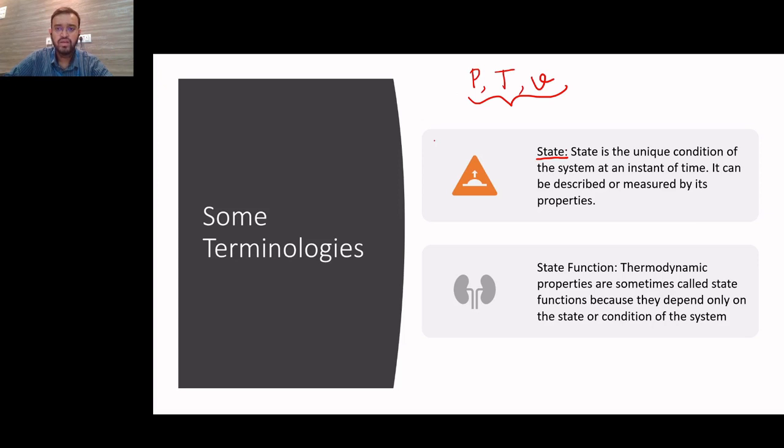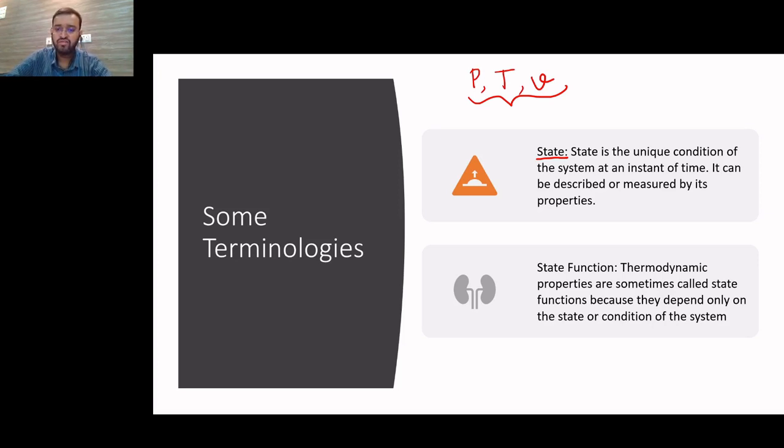All right. Now the states can change from one state to the other. So for example, in the morning it's nice and cool. In the afternoon it will be pretty warm. So the pressure will change, the temperatures will change, the wind speeds may change. Okay. So these unique sets of conditions that you can assign to a system are known as a state.